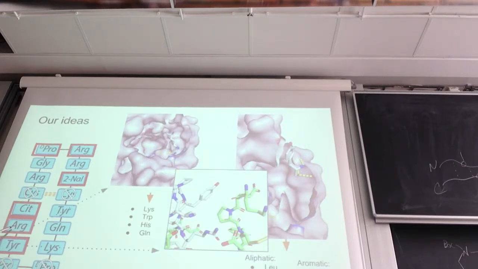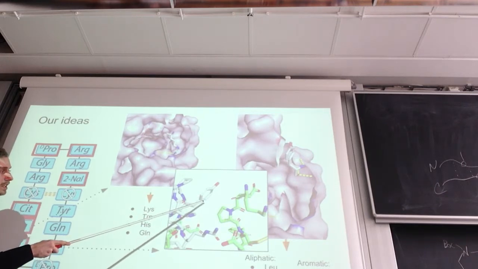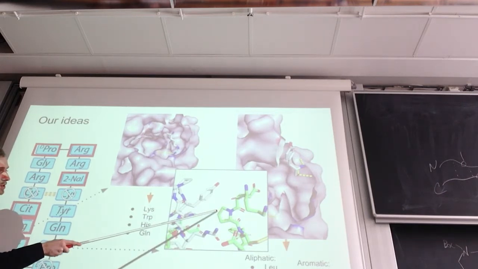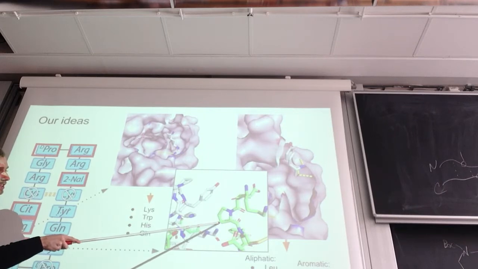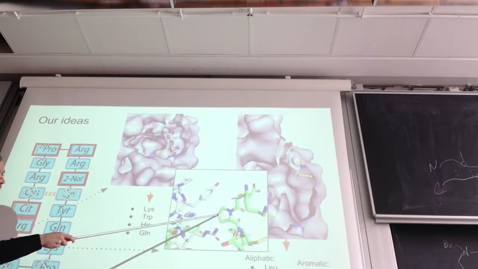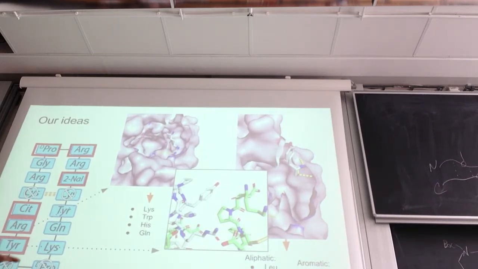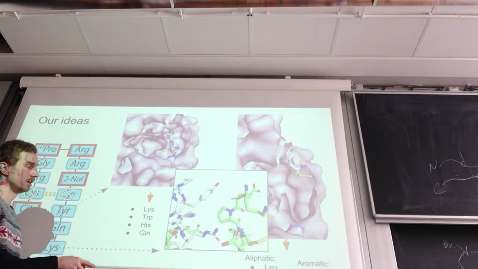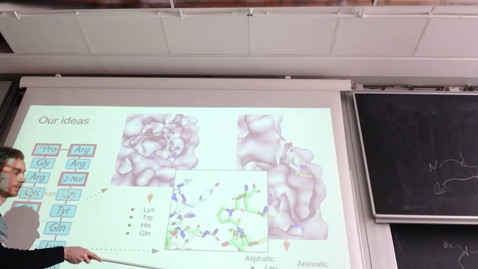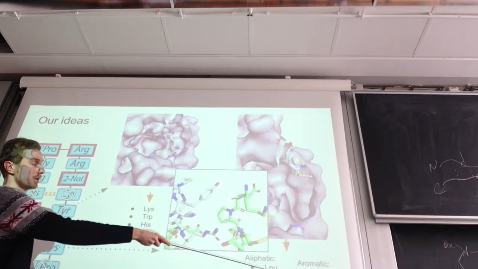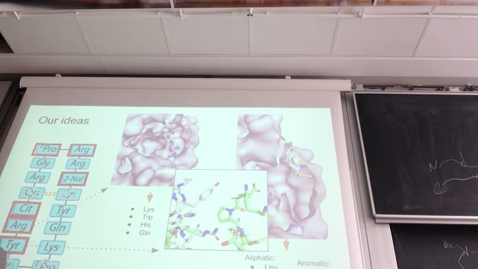The same situation with this arginine, and if we talk about tyrosine, you can see that its aromatic ring is close to the aliphatic part of proline. So we can use different ways, change it to aliphatic residues or to an aromatic one, and look if it will help us.